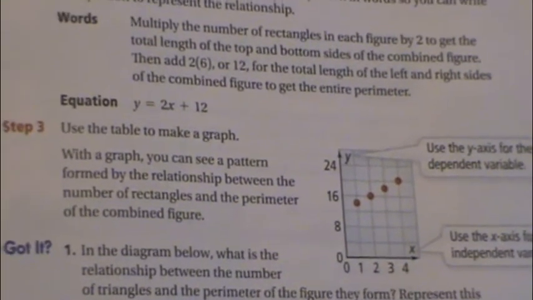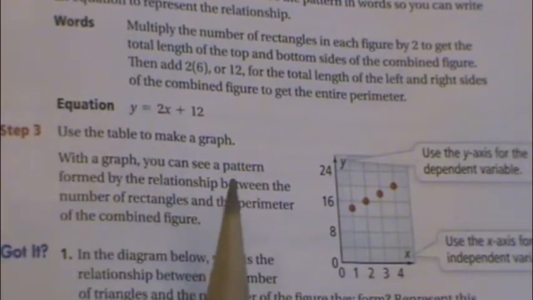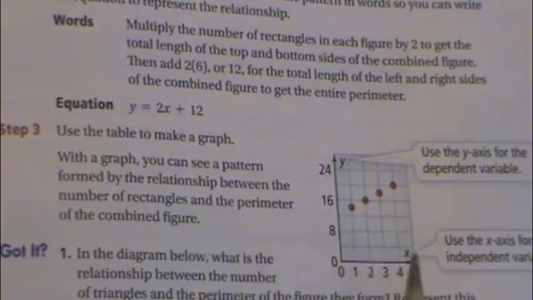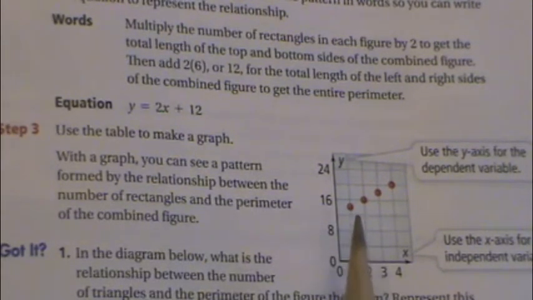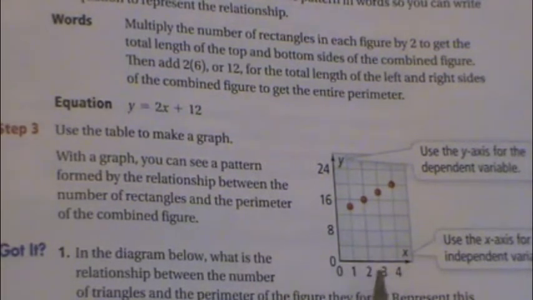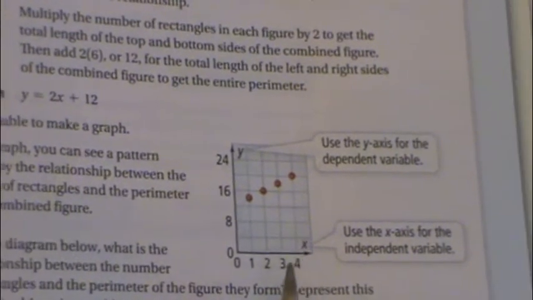Then they want you to use the information from the table to make a graph. So, with 1 rectangle, we have a perimeter of 14. With 2 rectangles, a perimeter of 16, and so on.